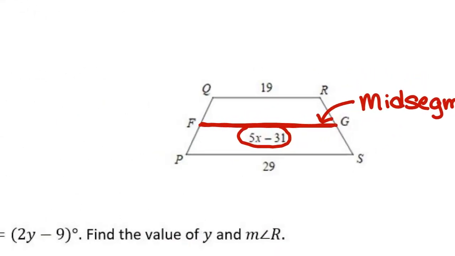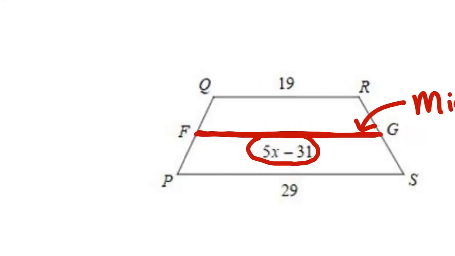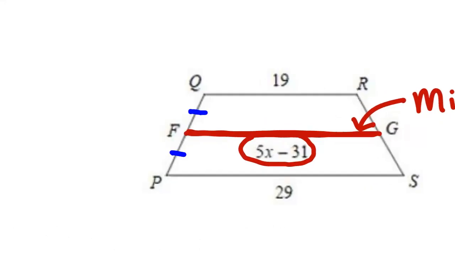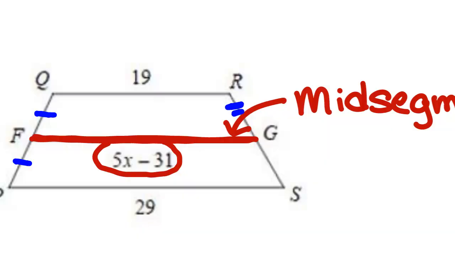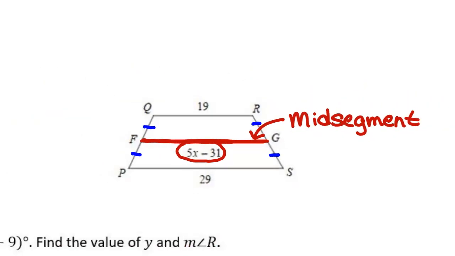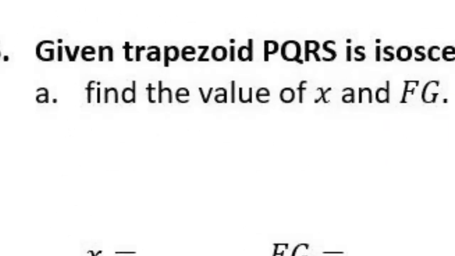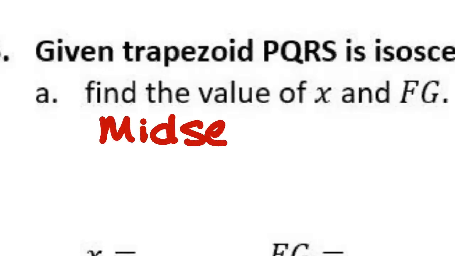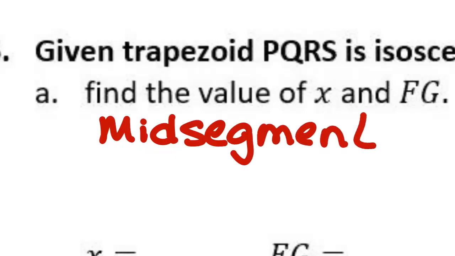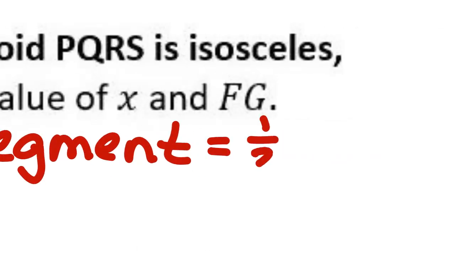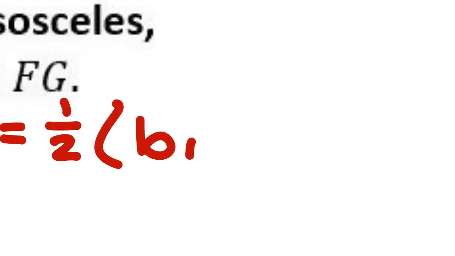It is exactly halfway in between Q and P over on the left, and in between R and S over on the right. And because it's an isosceles trapezoid, FQ, RG, FP, and GS are all congruent. Now the mid-segment is equal to half of the sum of the two bases, base 1 plus base 2.